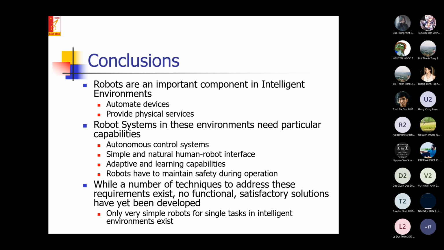They are automated devices that provide us with physical service. They are autonomous control systems, and have simple and natural human-robot interfaces. They can have adaptive and learning capabilities. And robots have to maintain safety during their operations.